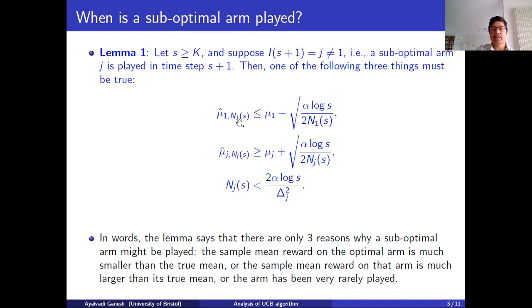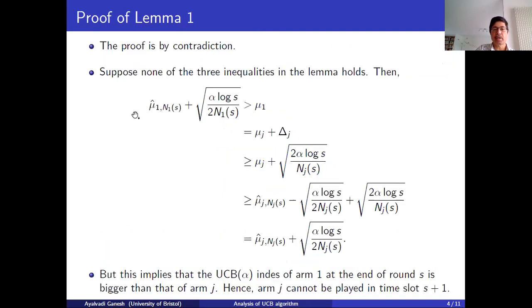If this inequality doesn't hold, the sample mean of arm 1 is bigger than mu_1 minus this, or if we move this term over to the other side, mu hat_1 plus this correction factor is bigger than mu_1. Okay, so that's what the first inequality says: mu hat_1 plus the correction factor is bigger than mu_1, because by assumption, the first inequality is violated. Now this equality here is just the definition of delta_j.